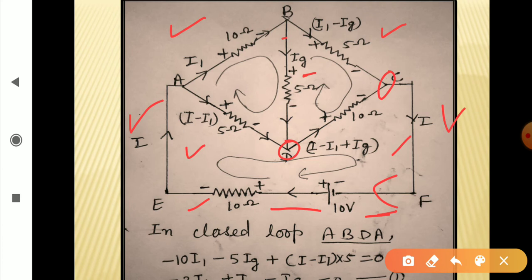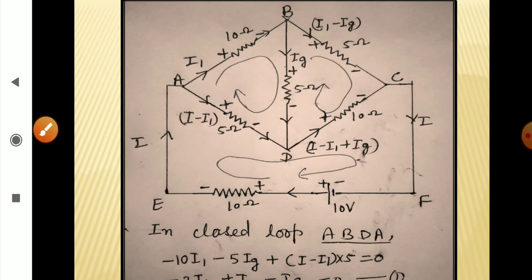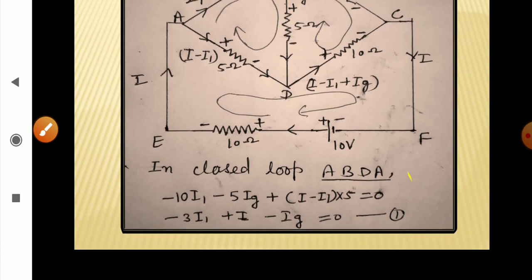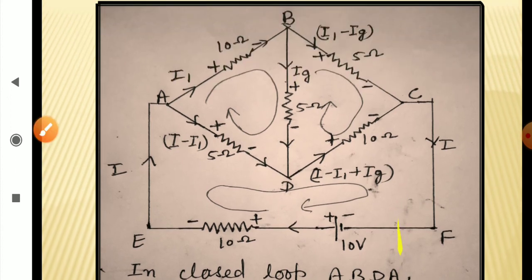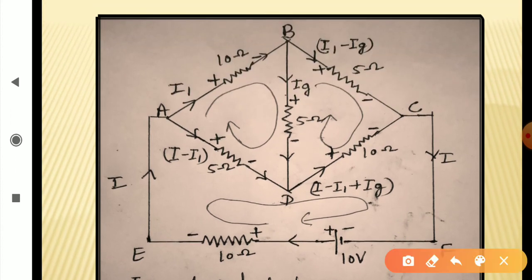Okay. So first you must show all the positive and negative signs showing higher and lower potentials, and you must draw the path followed by the current. So let us write the first equation for ABDA. Now if you look at ABDA, for this path, I1 is moving from higher to lower potential, so it has to be negative.